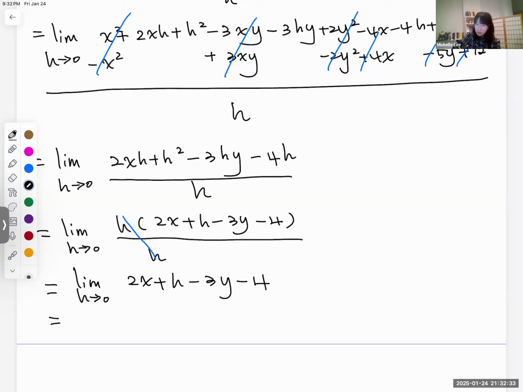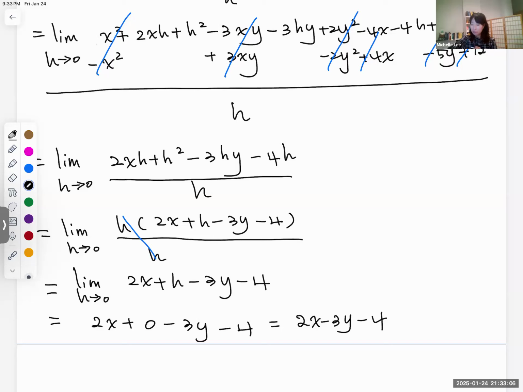That will be 2x plus 0 minus 3y minus 4, which is 2x minus 3y minus 4. This is the partial derivative of f with respect to x.